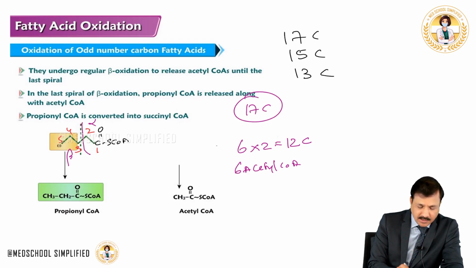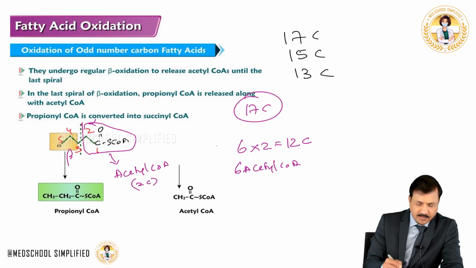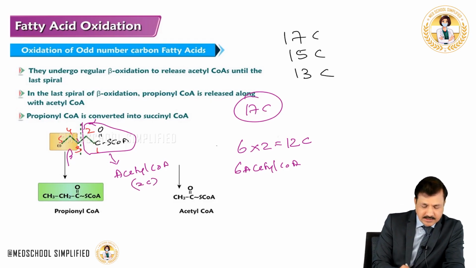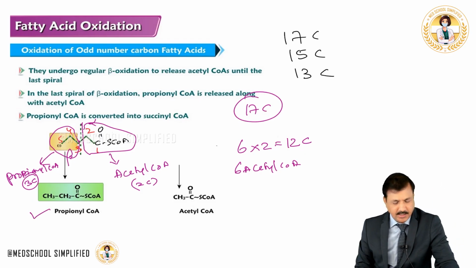This part of the 5-carbon fatty acid is taken out and released as a 2-carbon acetyl-CoA. Out of 5 carbons, 2 carbons are removed, and the remaining part of the fatty acid will be released as propionyl-CoA, which is 3 carbons, as shown here.